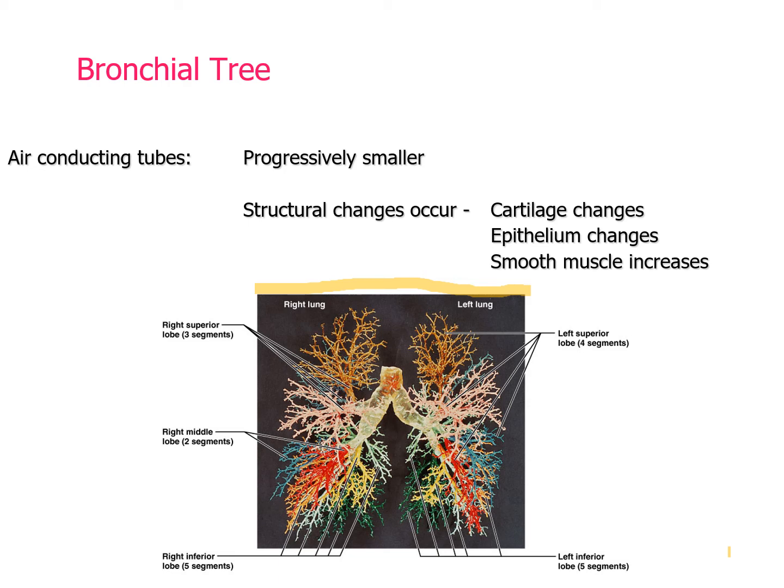I wouldn't worry about how many segments on which side or the other, but there are multiple segments here, and each segment received a differently colored latex. The latex goes in as a fluid, and when it cools, it solidifies, and then all of the rest of the lung tissue gets eaten away using an enzymatic digest. So you're just left with this multicolored latex meshwork cast, essentially, of the conducting zone.